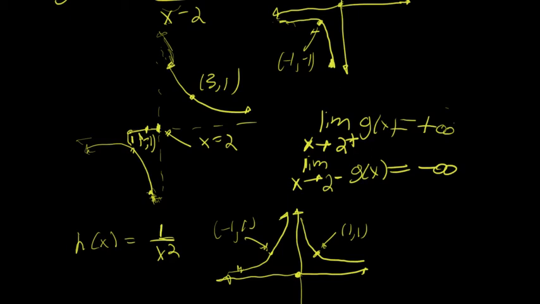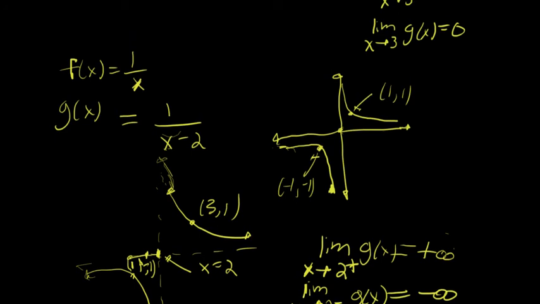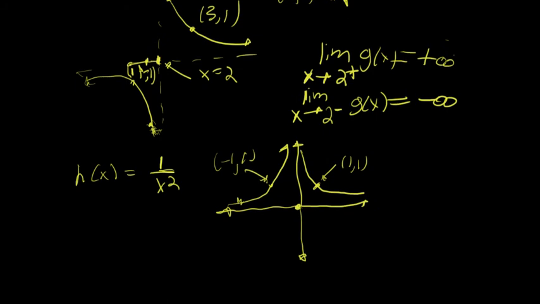Because here you're taking the reciprocal of the square, whereas here you're only taking the reciprocal of the number itself. This is the graph of f of x equals 1 over x. And this is h of x equals 1 over x squared.